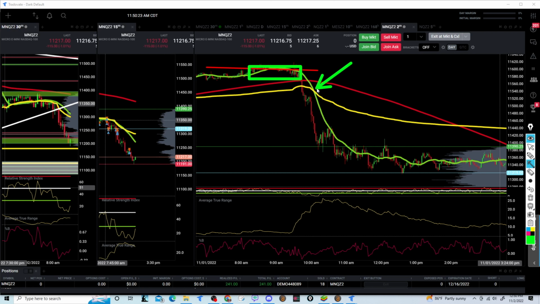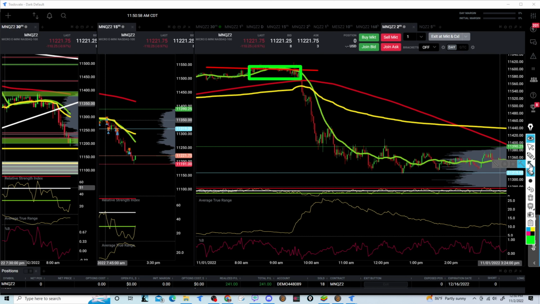If the 20 is below the 200, you're looking to only short to the downside. You're never looking to buy back up to the 20. Whenever price gets away from the 20, you're looking to close your position. You're looking to enter at or near the 20 and close away from the 20.